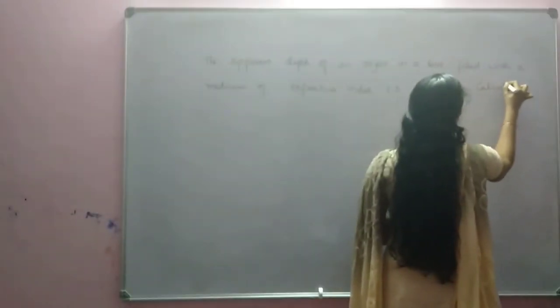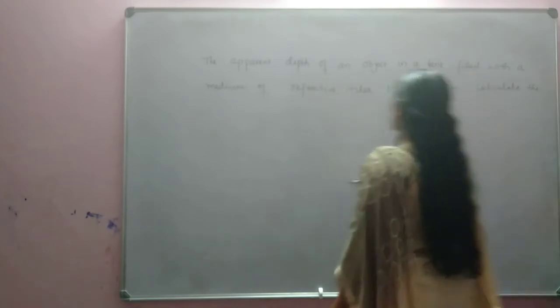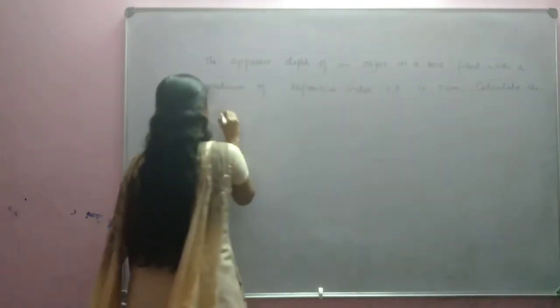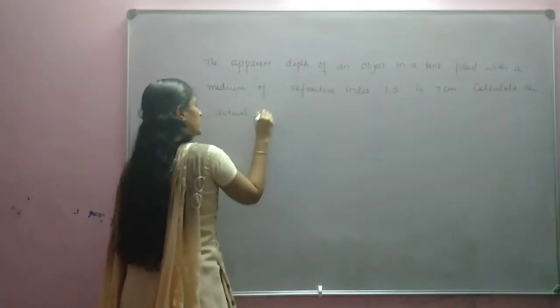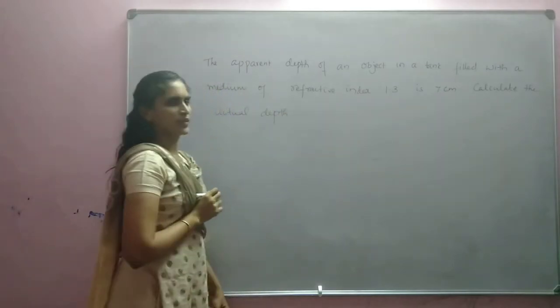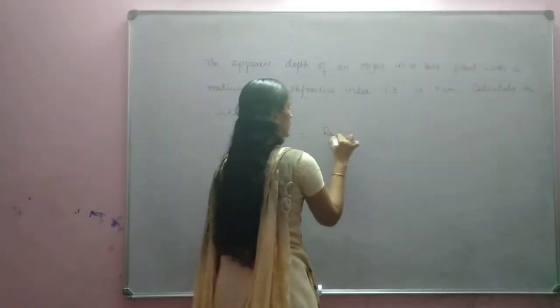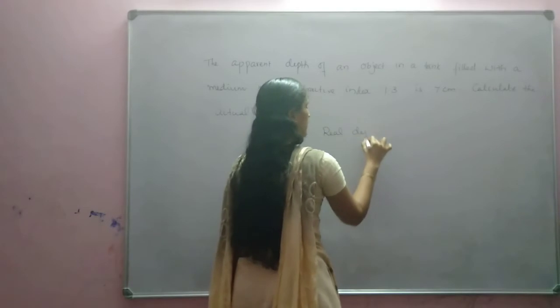Calculate the actual depth. So you know the relation: refractive index is equal to real depth divided by apparent depth.